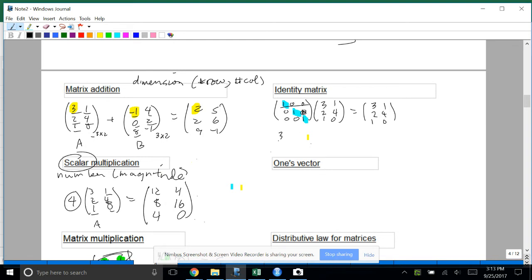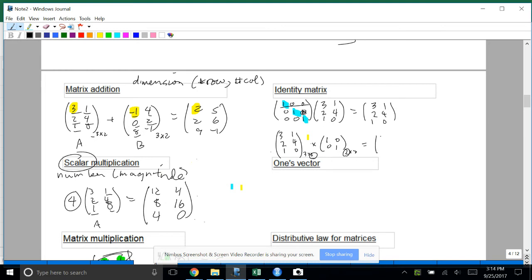So we can take this matrix right here. Again, this is 3 by 2. And if we post-multiply by this identity matrix, now it has to be 2 by 2, square, and where the rows match.